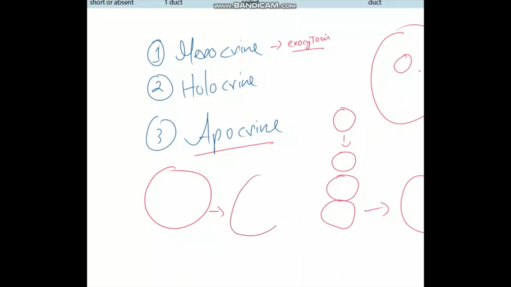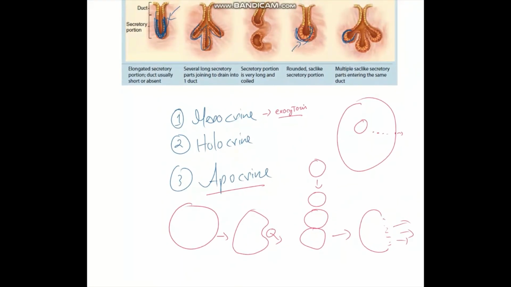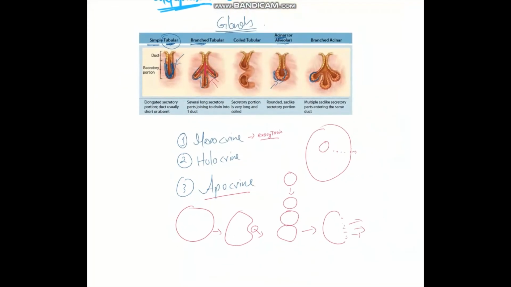So like it pinches just a little part of it, and this part then enters, for example, maybe this ductule right here, and is secreted. So these are the three different methods of secretion for the glandular cells.